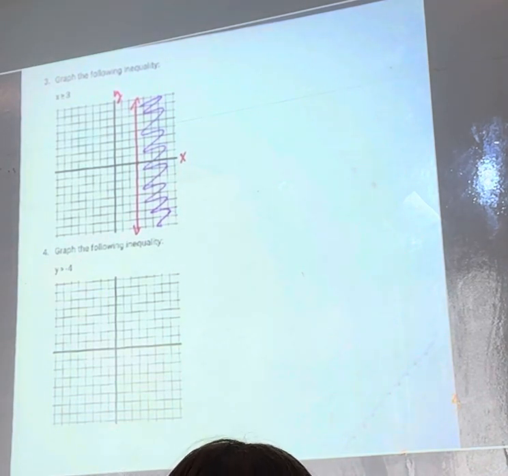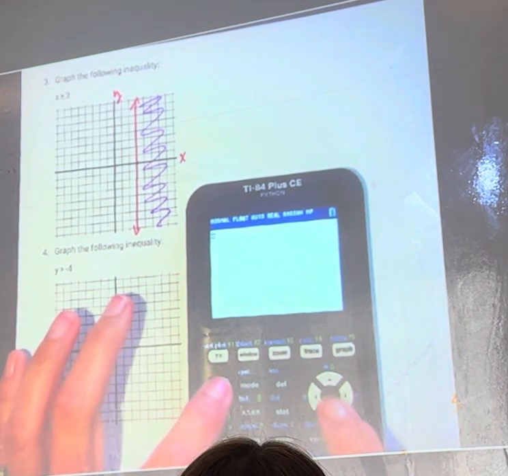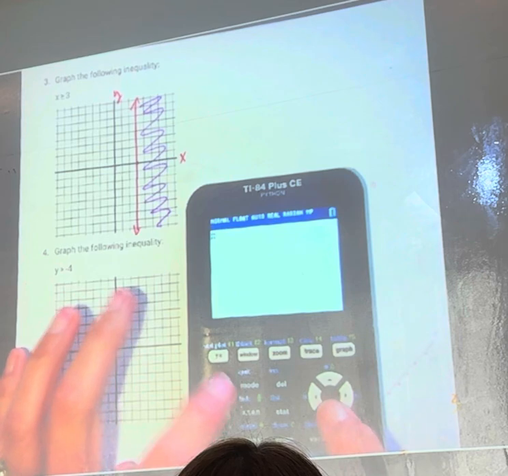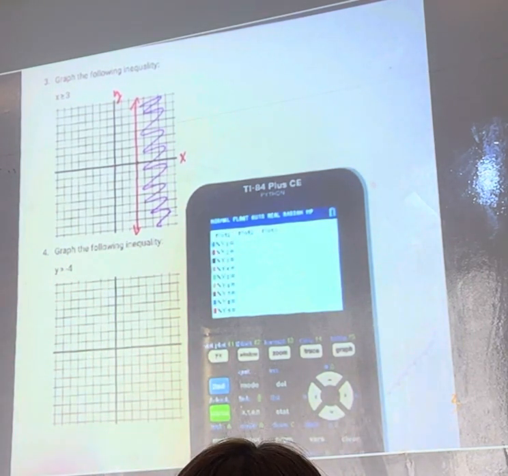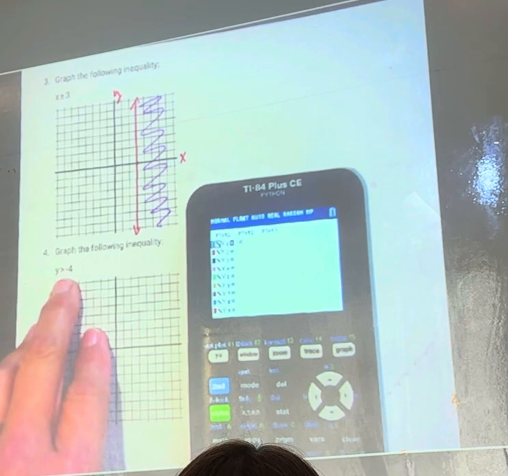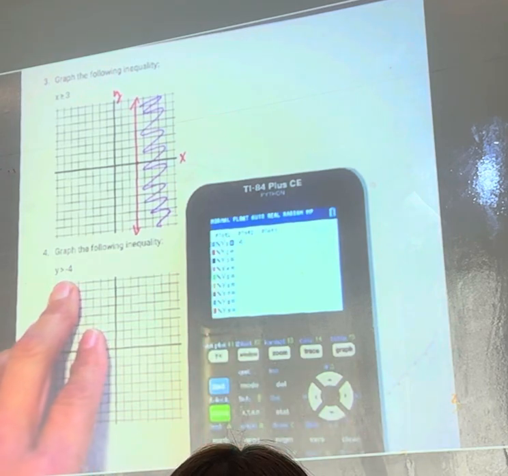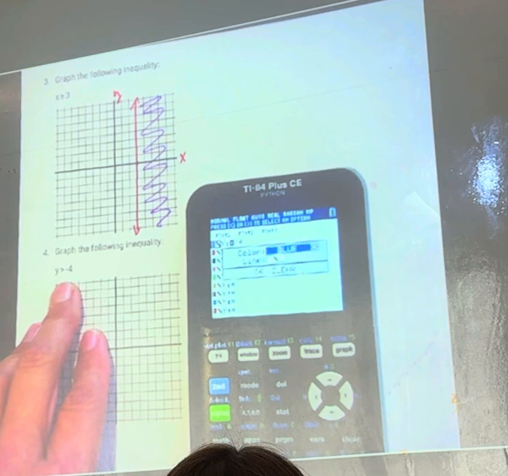Greater than. So I want to show you what your calculator can do real quick. Let me make it darker. Okay, y, and we have -4. So first off, what does that symbol say? Greater or less than? Greater. You can click to the left of y and change colors.